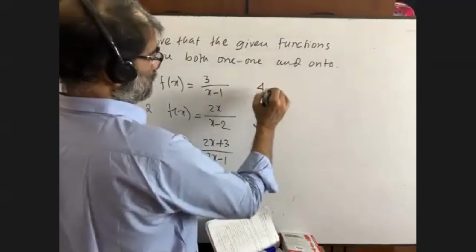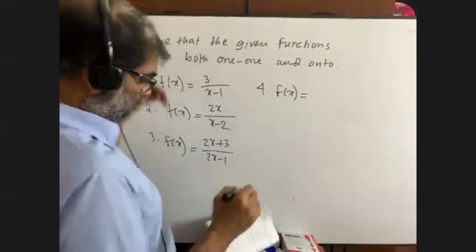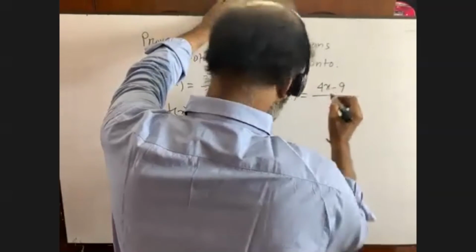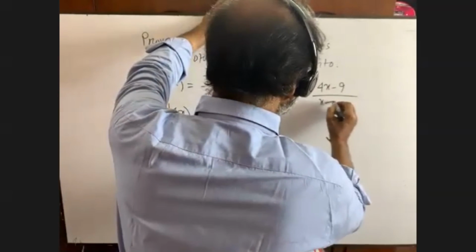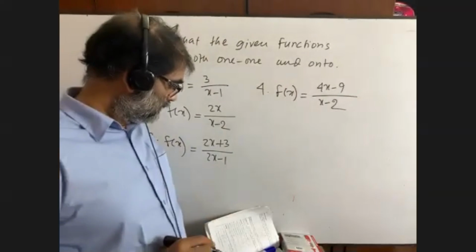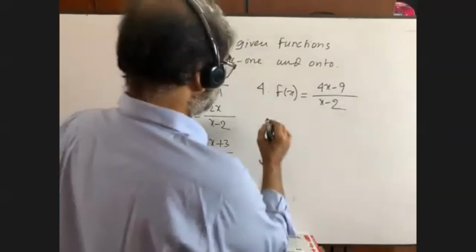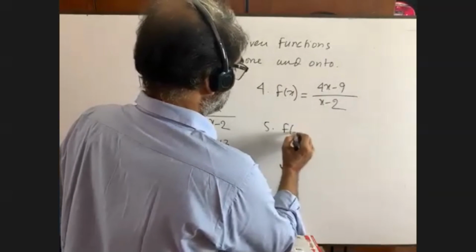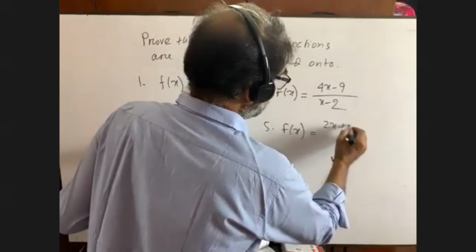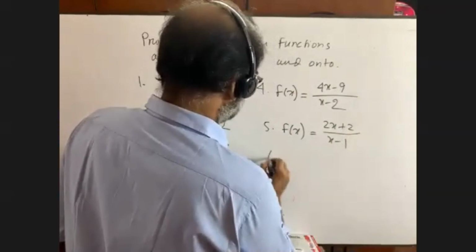Number 4, f(x) is equal to 4x minus 9 by x minus 2. Okay, so I have given some math. Number 5, f(x) is equal to 2x plus 2 by x minus 1.